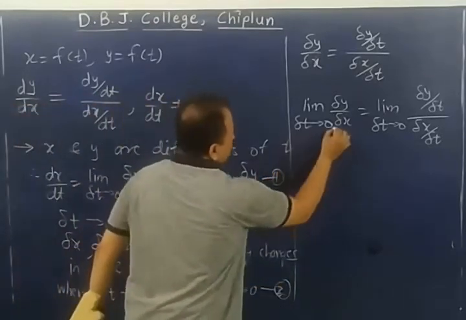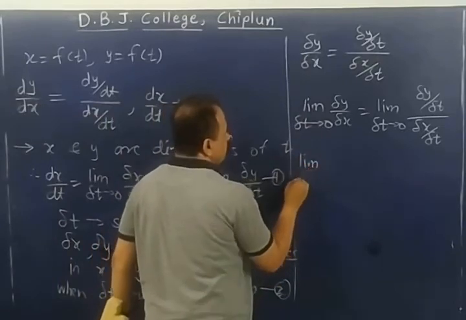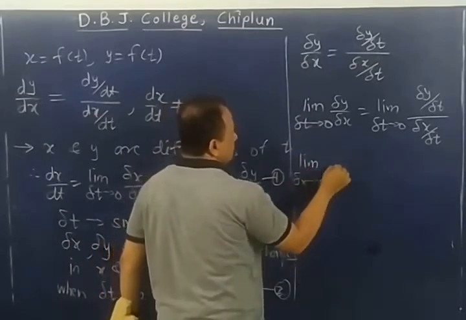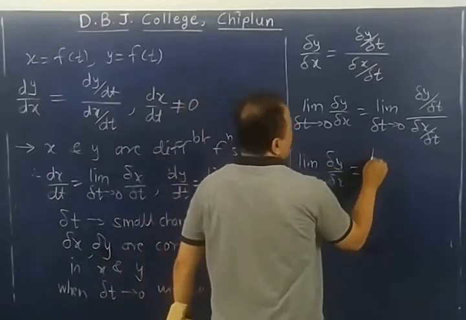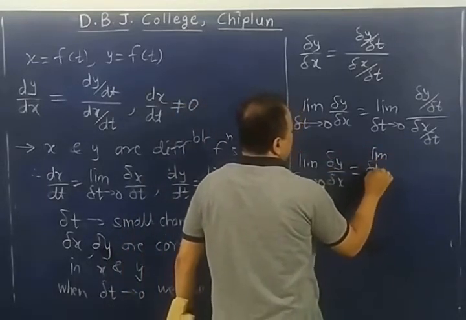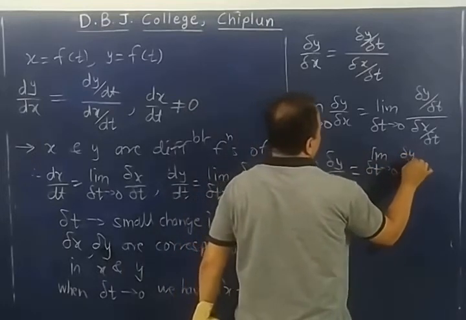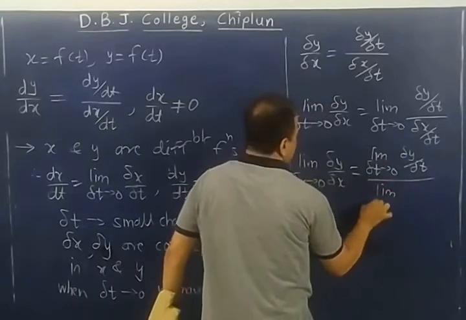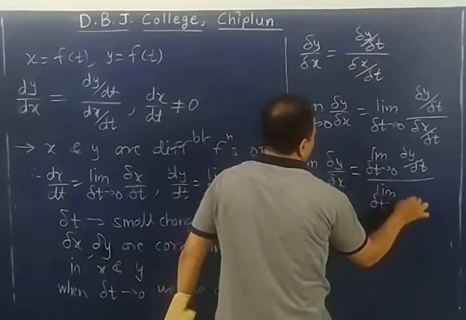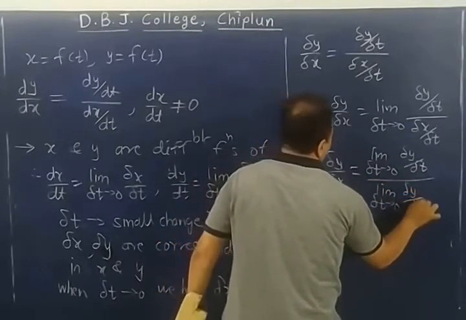I am using it here. Therefore, limit delta x tending to 0 of delta y by delta x is equal to limit delta t tending to 0 of delta y by delta t upon limit delta t tending to 0 of delta x by delta t.